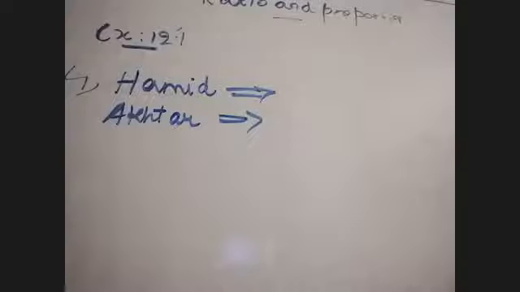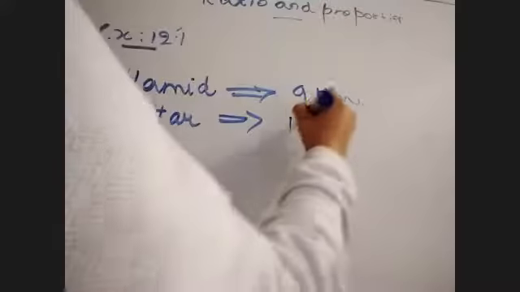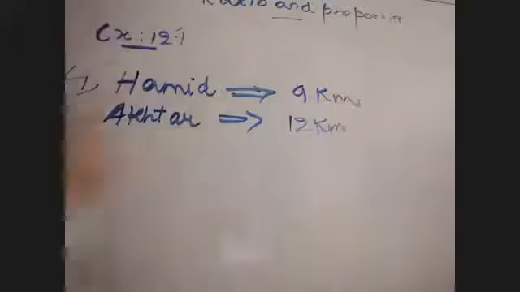For these questions, you can just suppose Hamid is first, so the first number will be for Hamid. So Hamid will be 9 kilometers and Akhtar will be 12 kilometers. You should find the ratio of the speed of Hamid to the speed of Akhtar. So Hamid to Akhtar, it's given in order only.